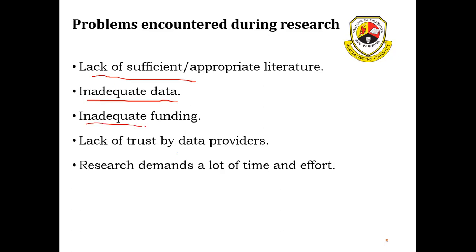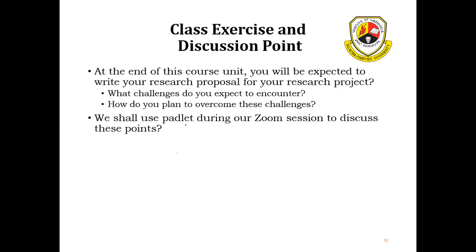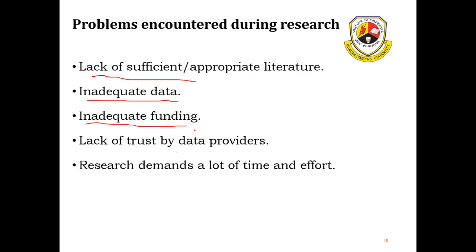Three, adequate funding. You're going to go to the field. So for that, you need money. You're going to collect data. You're going to print. All of that needs money. So I'm not opening for you a blank check that you go to your parents and ask for a lot of money. No, I'm not asking you to do that. Okay? Be fair to your parents, but also be fair to yourself.